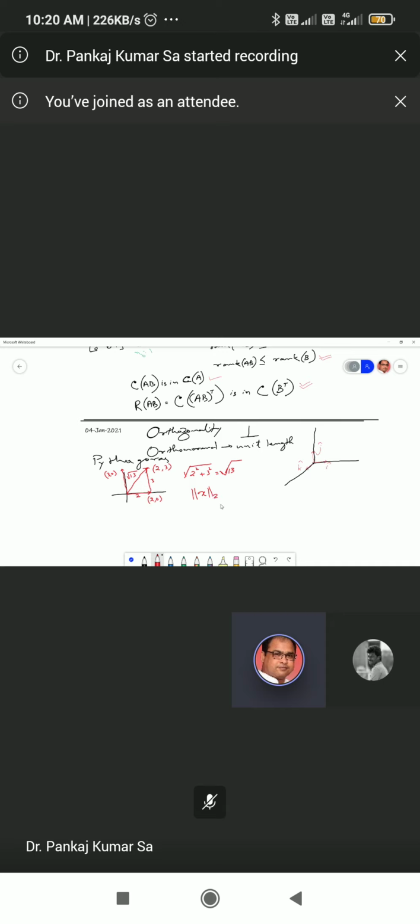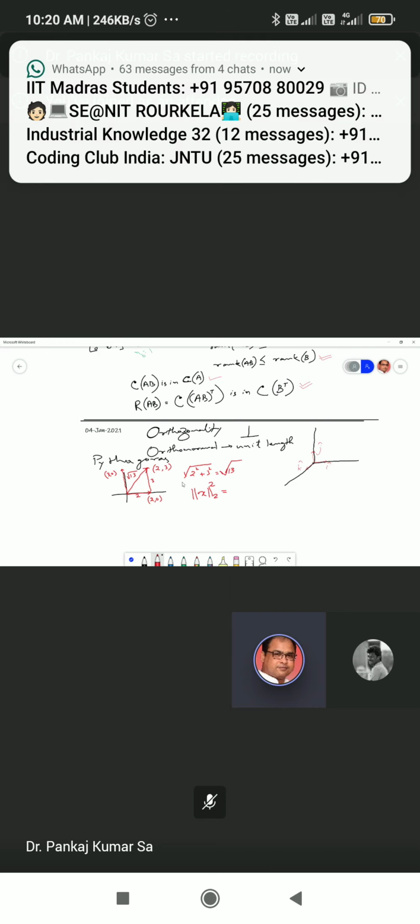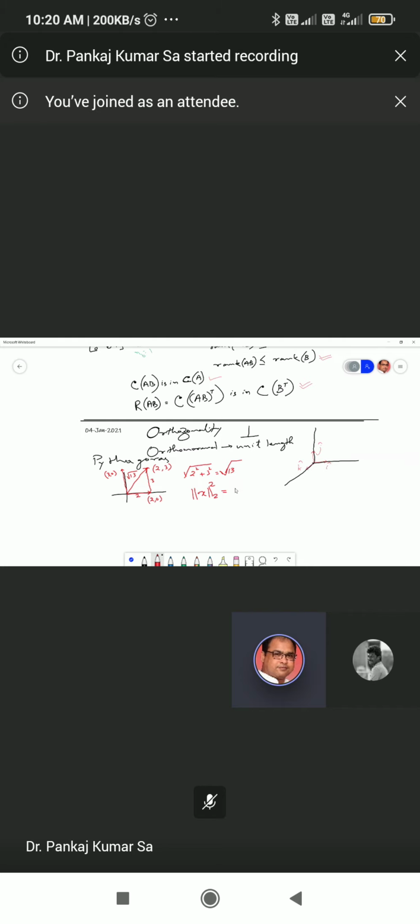That is the second norm. If we do not give 2 also, by default it is called the second norm. And the square of the second norm is equal to, let us say this is x1, y1, so this becomes x1 square plus y1 square.